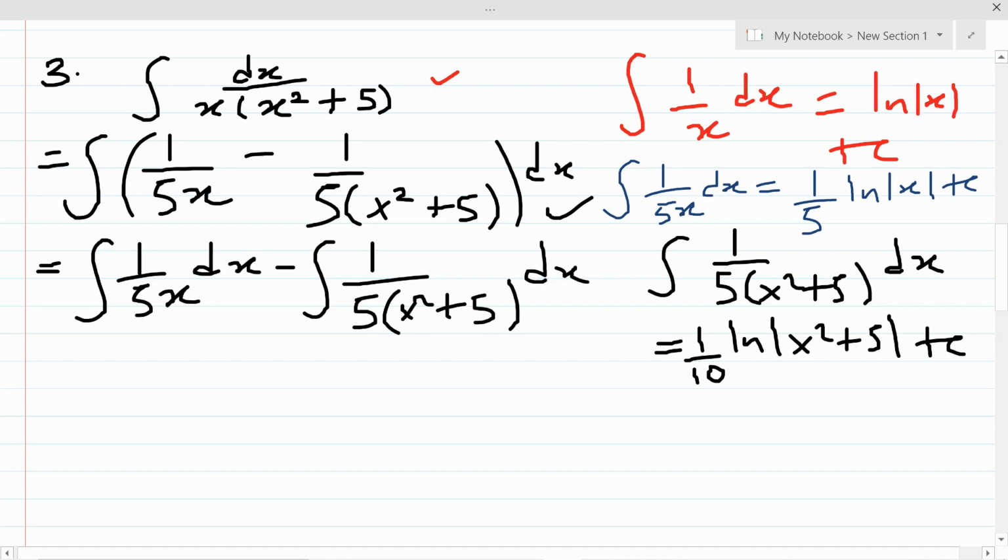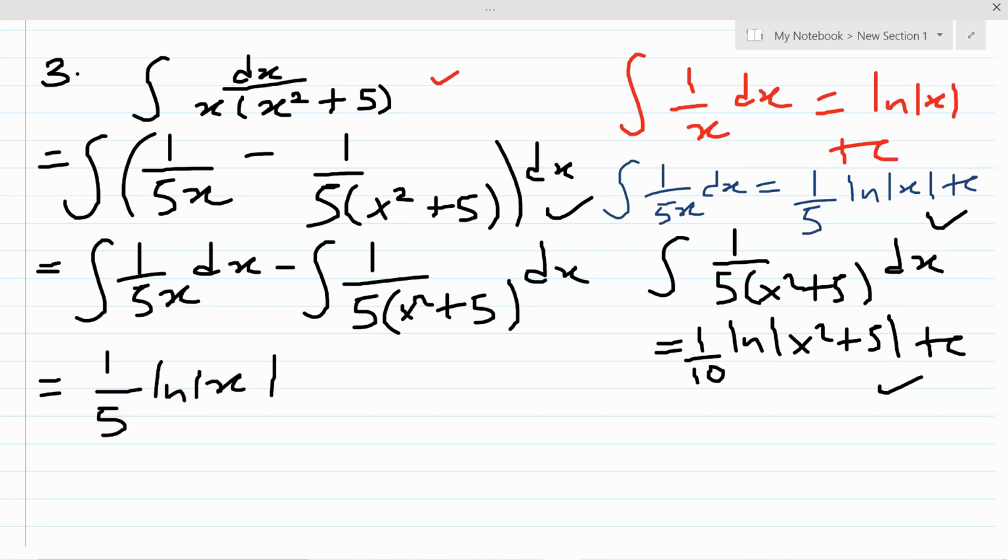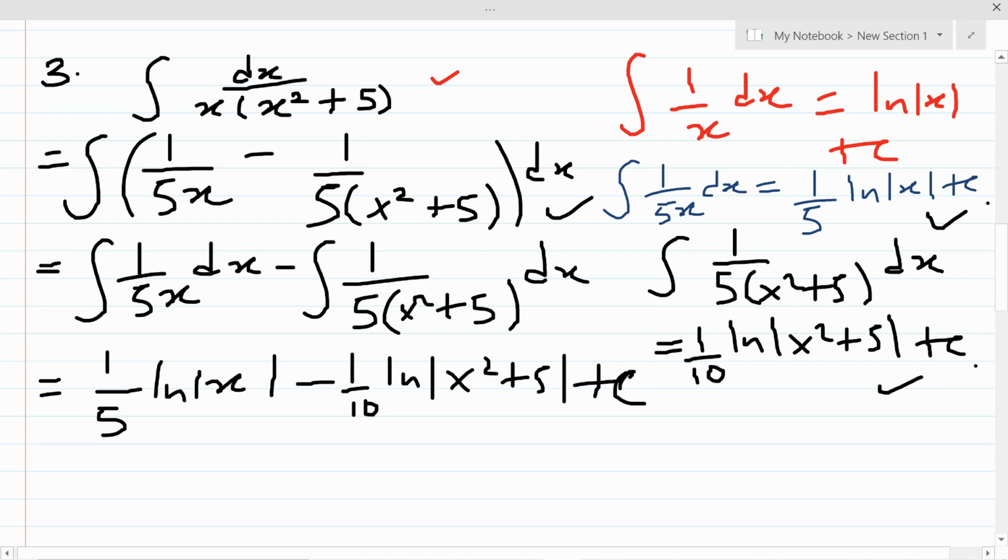Okay, and this is what we had for the integral of 1 over 5x, and this is what we had for the integral of the other one, so this should give us 1 over 5 ln x minus 1 over 10 ln of x squared plus 5, all plus a capital C, because this constant and this constant are not the same, so when you subtract you definitely get a different constant.